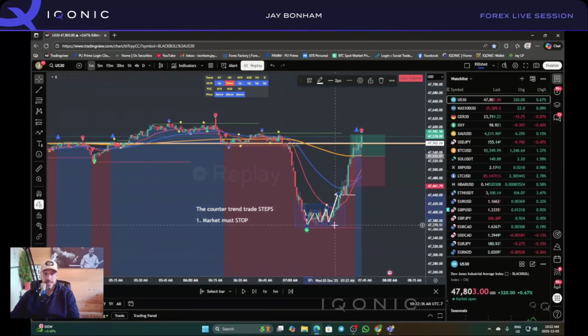Because if it hasn't, then the sellers are just looking for a pullback to continue on, to grab some more volume and continue on, which we know we were looking for. We were looking for that pullback, right? We didn't get that pullback. Structure started to tell us up, and I was like, okay, I'm off the sell. This is starting to tell me that it wants to back up. So first thing we want to see is the market must stop.